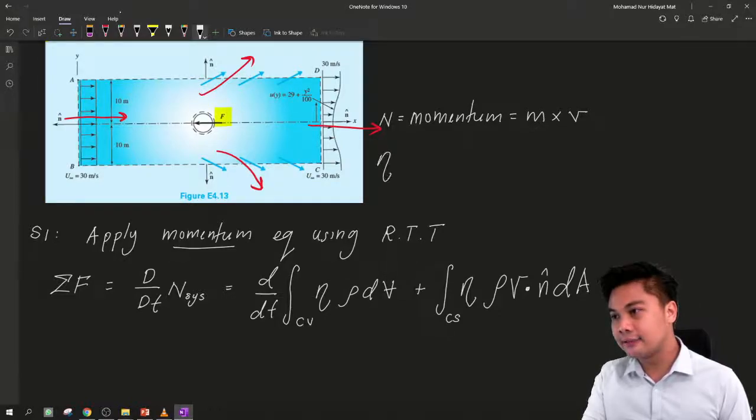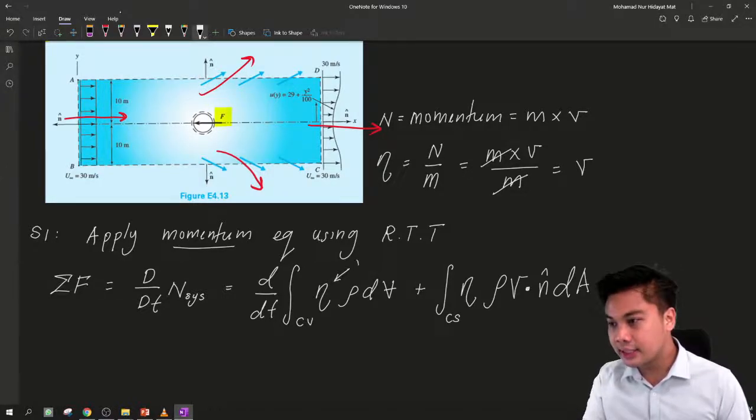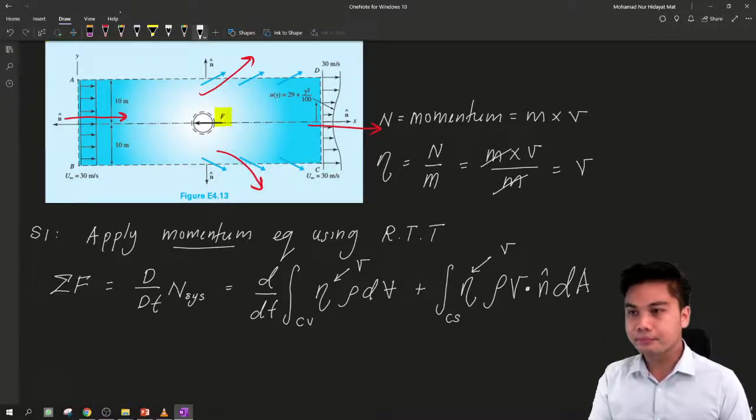The intensive property is equal to the extensive property, capital N, divided by mass. So N is mass times velocity over mass. We cancel mass, and we get the velocity. So we can actually replace it here with velocity.